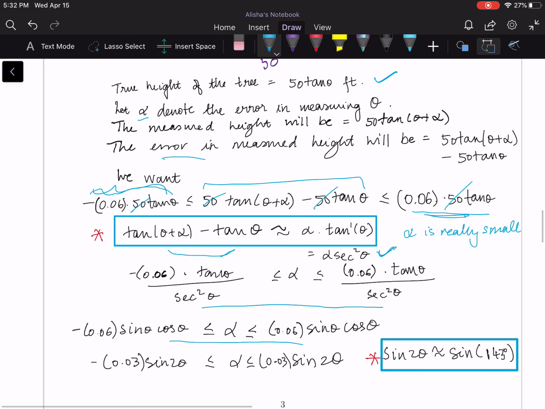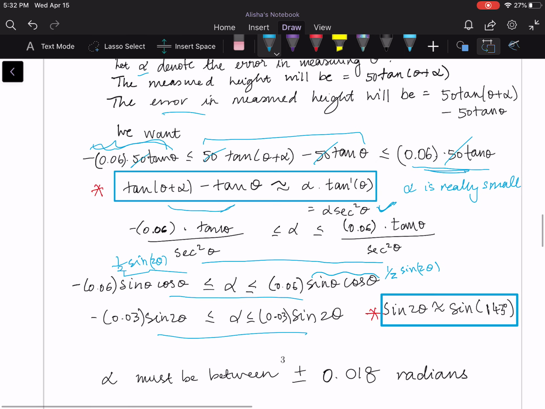I replaced sine theta cosine theta by half sine 2 theta on both sides, right? And this step is totally optional, but it gives me a cleaner expression, the one I have down here.